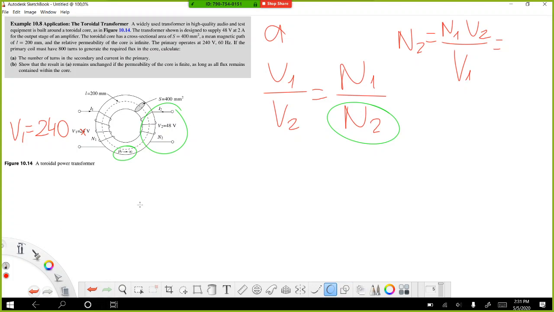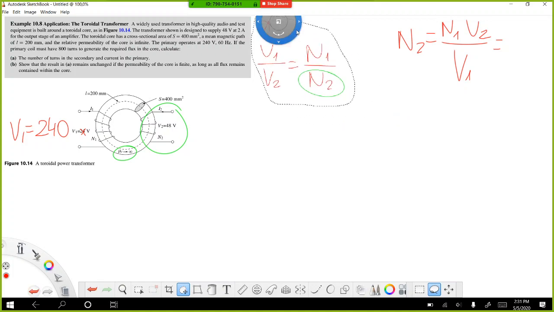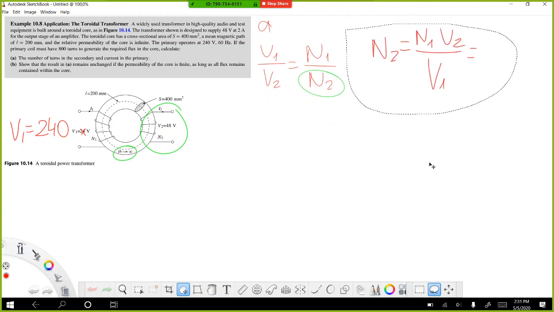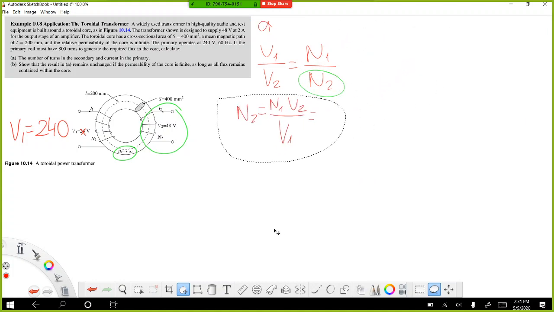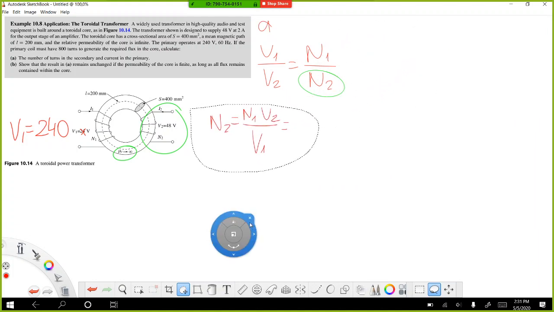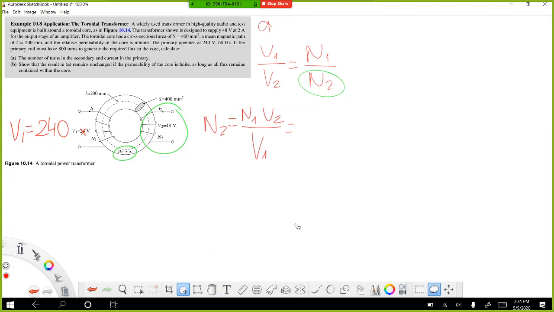So we know the numeric values for N1, V2 and V1.